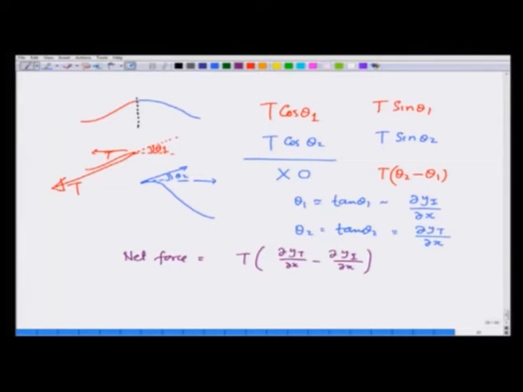And from the wave equation, both the waves are traveling to the right. Therefore, T times minus 1 over v 2, where v 2 is the velocity in the right string, d y t over d t, plus 1 over v 1 d y I over d t, and this should be 0.